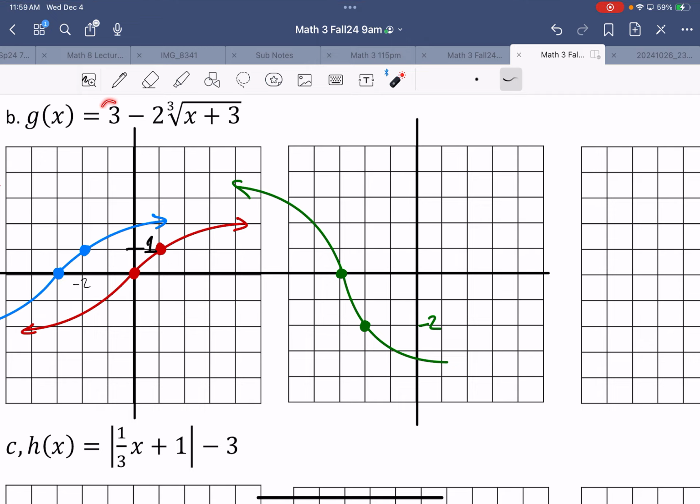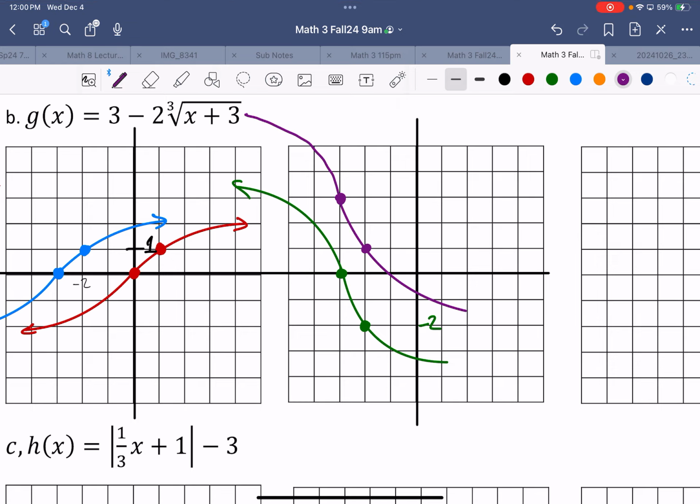And then lastly, this 3, you move the whole graph up by 3. So it looks like this. The point up 3, this point up 3. So 1, 2, 3, 1, 2, 3. And we curve it.